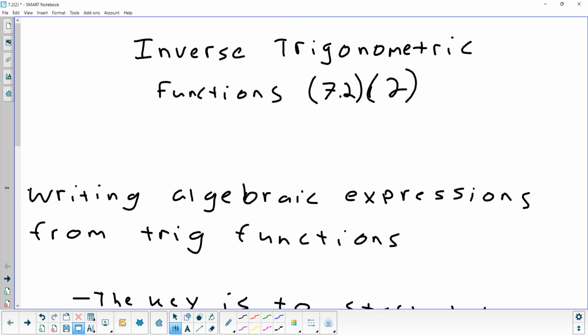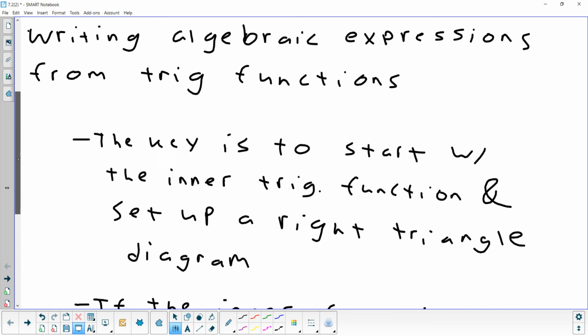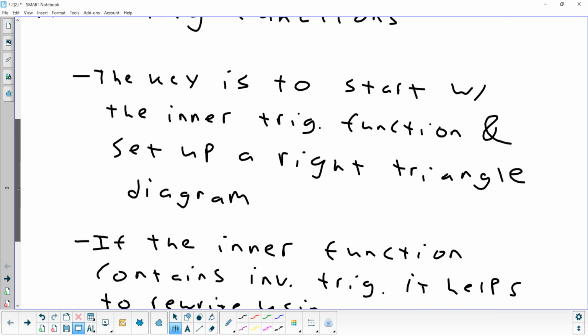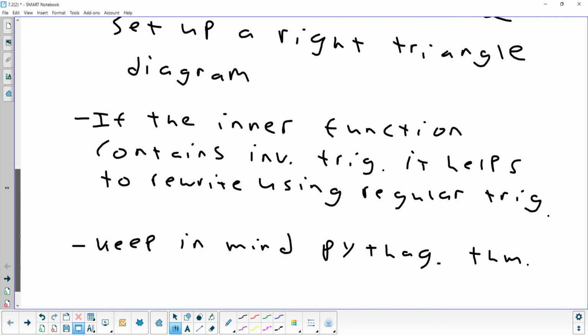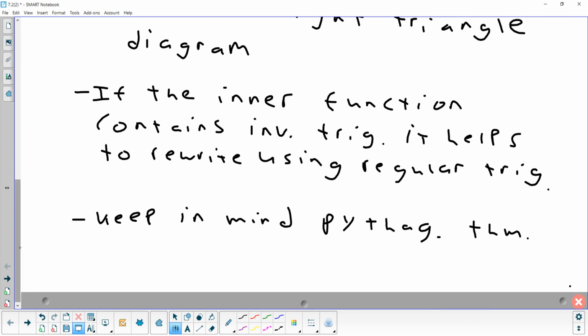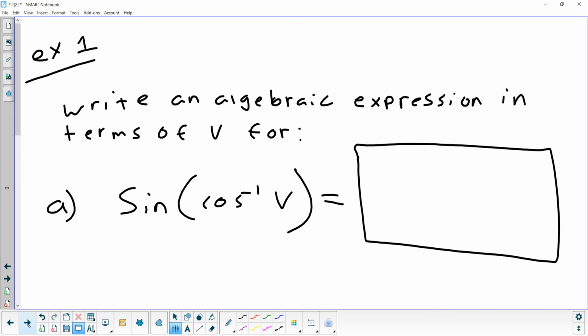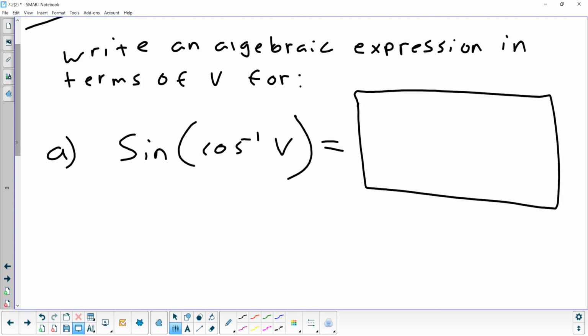So let's go back and look at the directions. It says start with the inner trig function. Specifically, if the inner trig function is inverse trig, we're going to rewrite it using regular trig. In this case, is the inner trig function inverse trig? Yeah. So let's start with that.